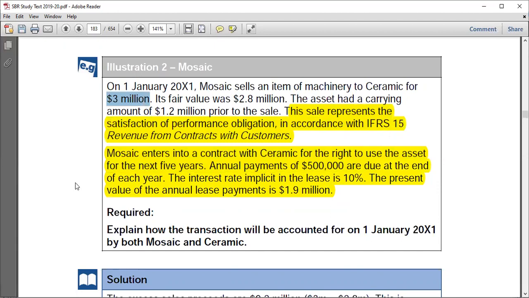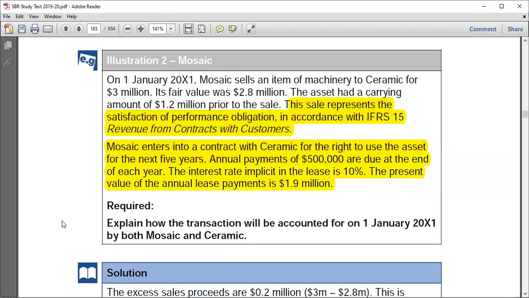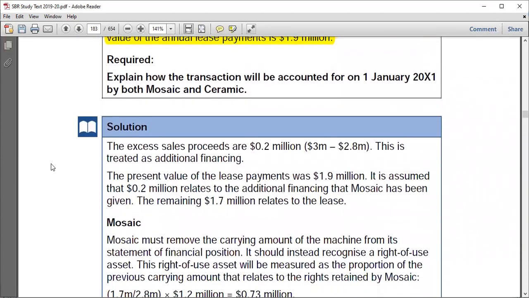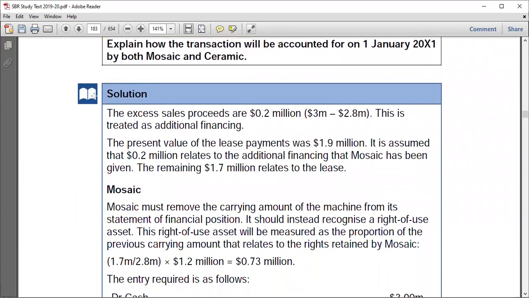The fair value is only 2.8 million, right? Explain how the transaction will be accounted for on 1st January 2021 by both Mosaic and Ceramic. Mosaic sold and leased it back, so Mosaic is the lessee, right? Okay, so this is what we would have to do. There is an excess of sales proceeds here, right? Because we sold for 3 million, but the fair value was only 2.8 million.